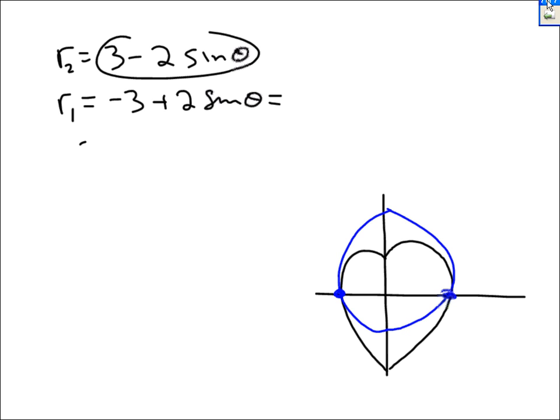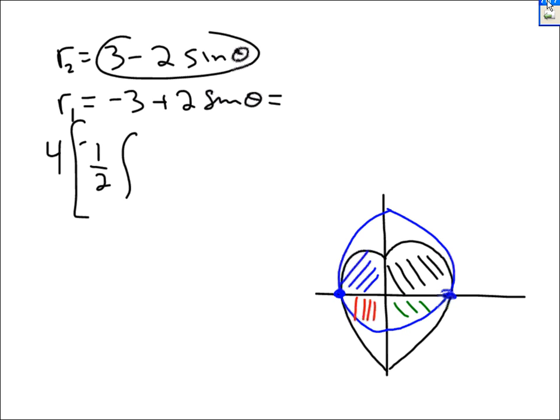That is, this area here is exactly the same as this area, which is exactly the same as this area, which is exactly the same as this area. So I'm just going to find the area of any one of them and multiply it by 4. It's the integral of 1/2 r squared d theta.